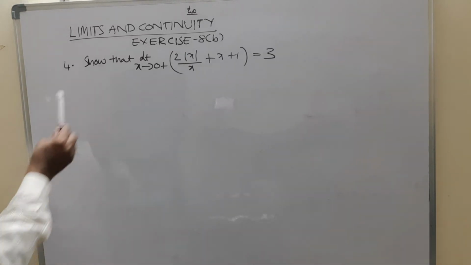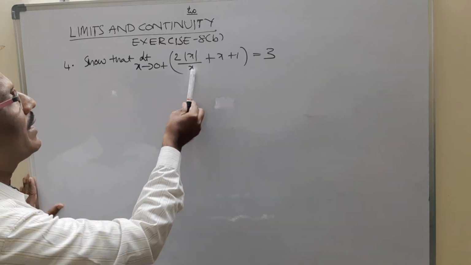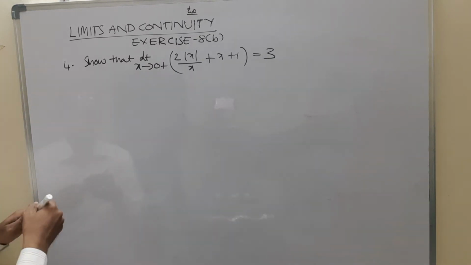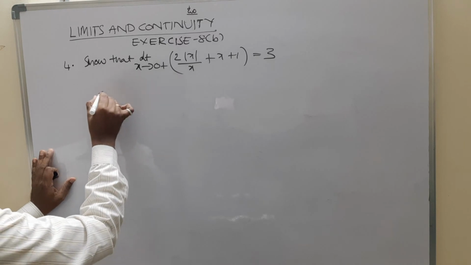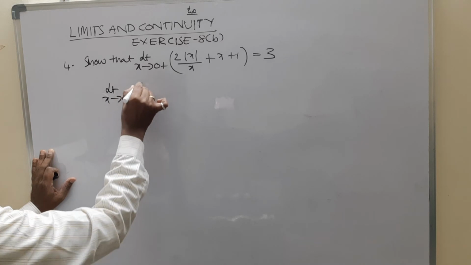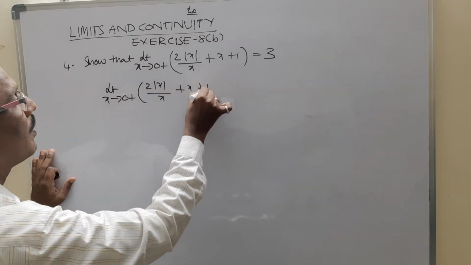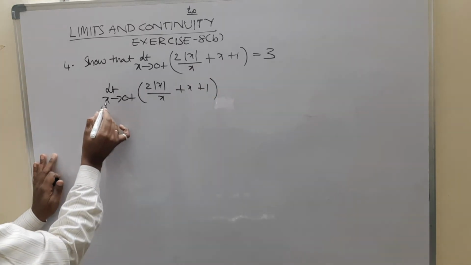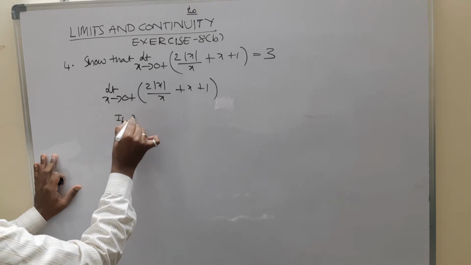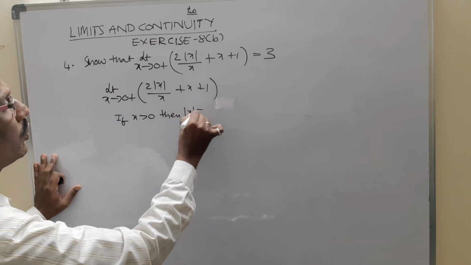Question number 4: show that limit x tends to 0 plus of 2 mod x by x plus x plus 1 equals 3. Here is the solution. In this question, x tends to 0 plus means x greater than 0. If x greater than 0, then mod x equals x.